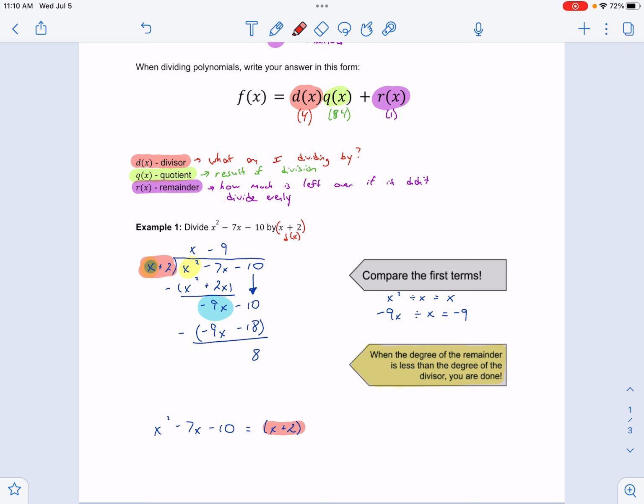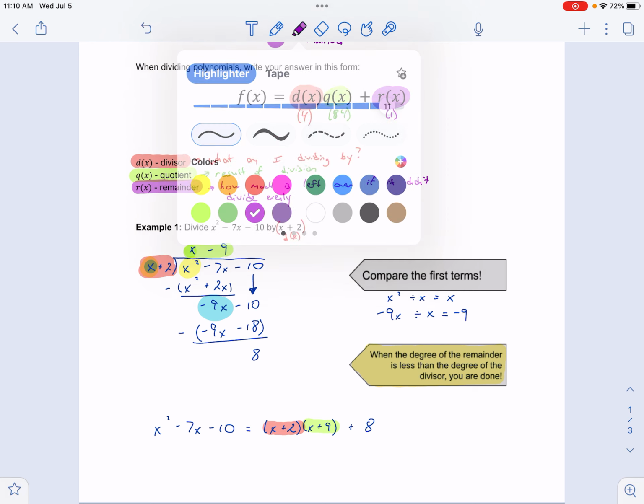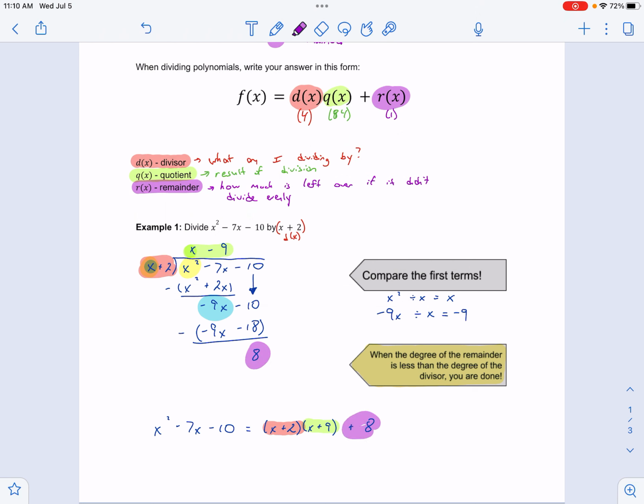And then we write our quotient, which is the result of the division. The result of the division in this case was the stuff at the top, or x plus 9. And then I need to add my remainder, which was 8. And here we have a completed long division.